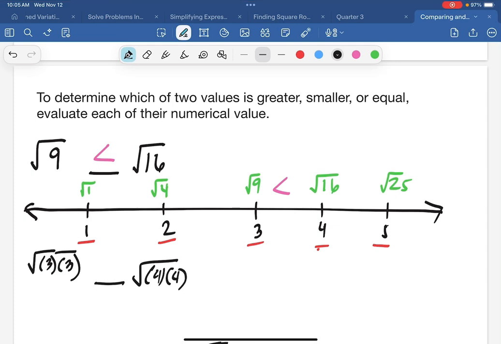The square root of 9 is 3, and the square root of 16 is 4. So 3 is less than 4.